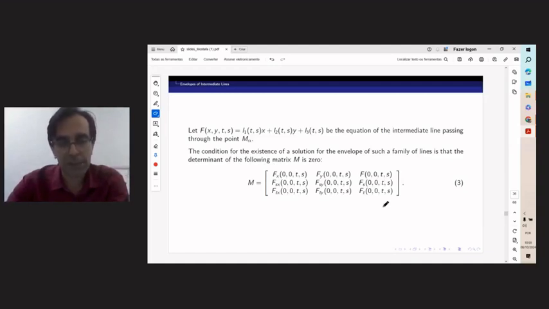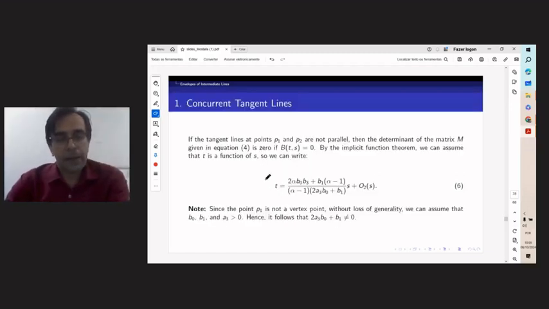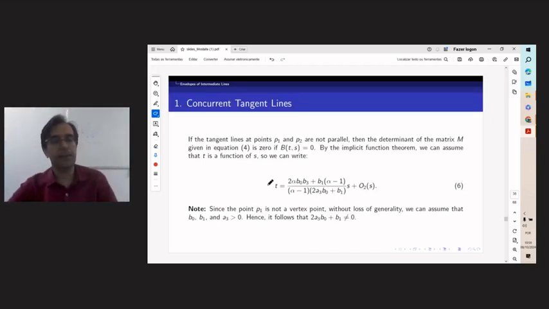That is the necessary and sufficient condition from the theorem that I mentioned before, and using this, we find a relation between parameters T and S.